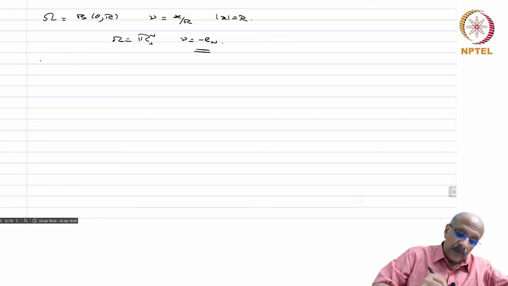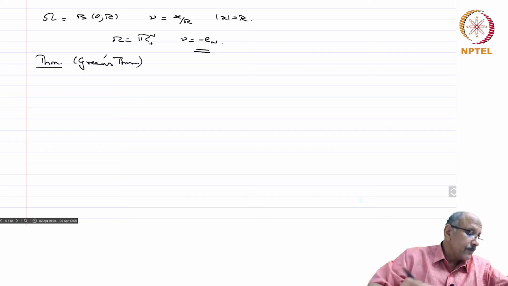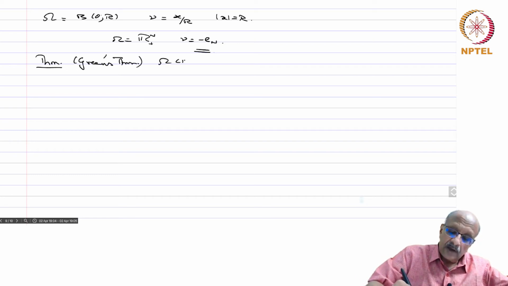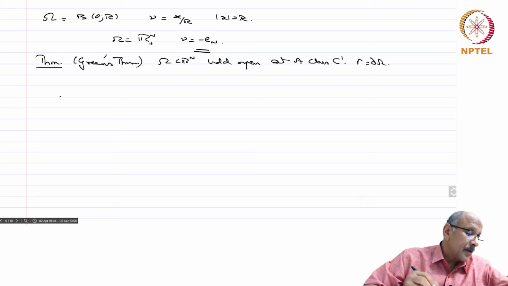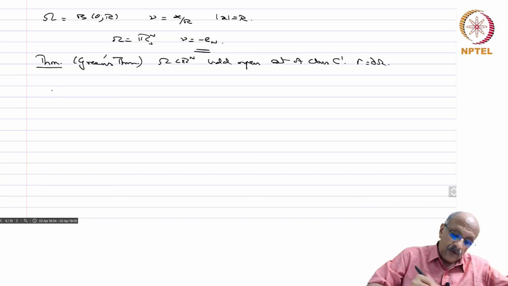So now we have a theorem. This is Green's theorem. Omega in Rn, bounded open set of class C1. Gamma equals d omega. Okay. u, v in h1 of omega.